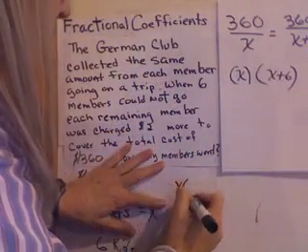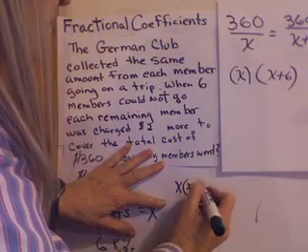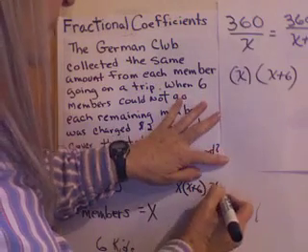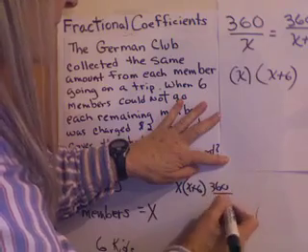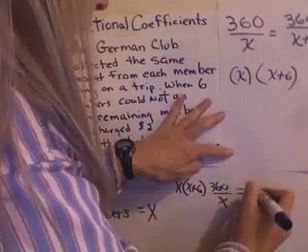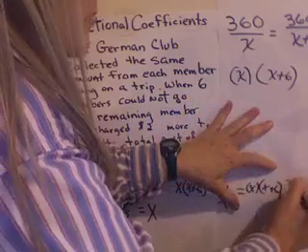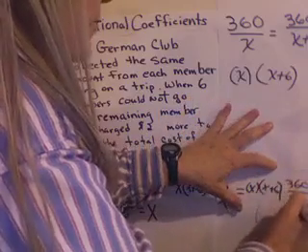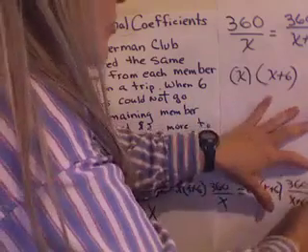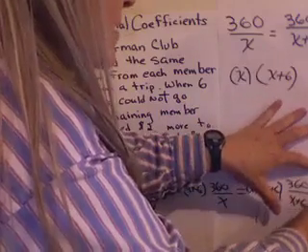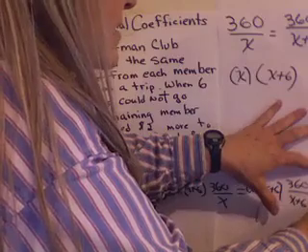So I have x plus 6 times 360 over x equals x plus 6 times 360 over x plus 6 plus 2 times x and x plus 6.